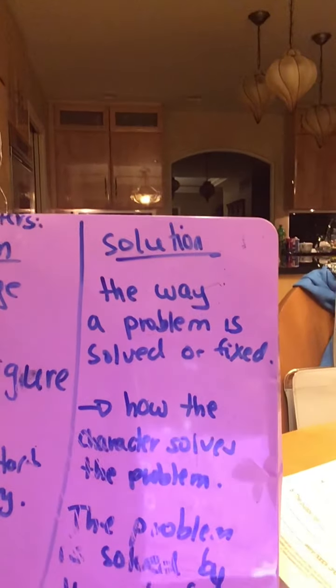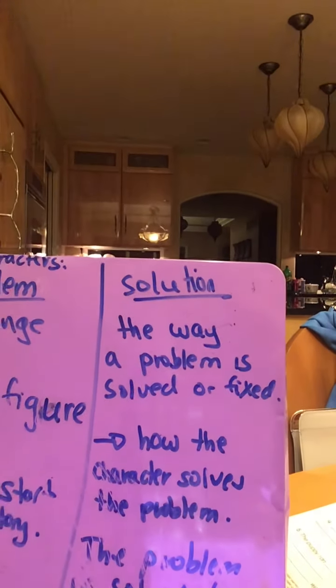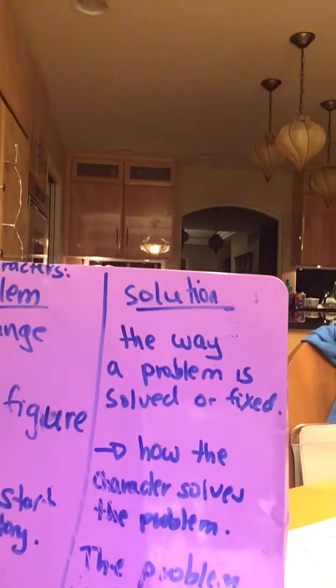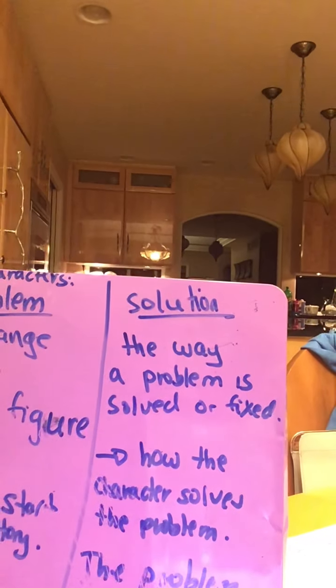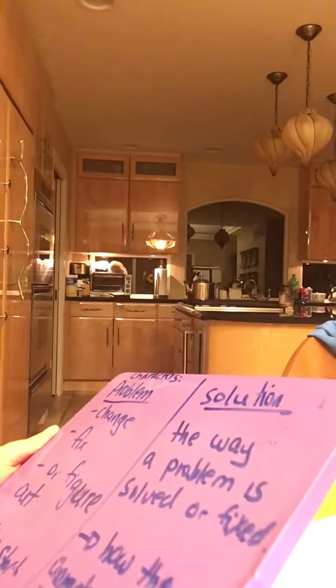So the solution is the way a problem is solved or fixed, how the character solves the problem, and the problem is solved by the end of the story. Okay, so the problem is typically resolved by the end of the story. Somebody could be clever and figure out how to solve it. In this story, there was somebody clever who figured out how to solve the problem.